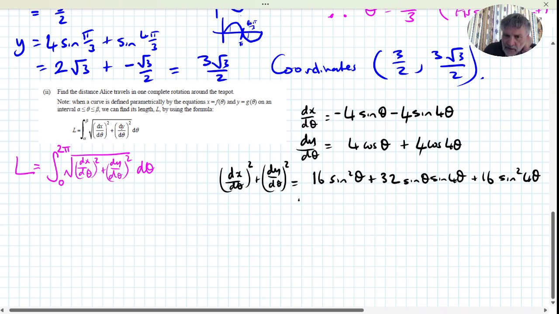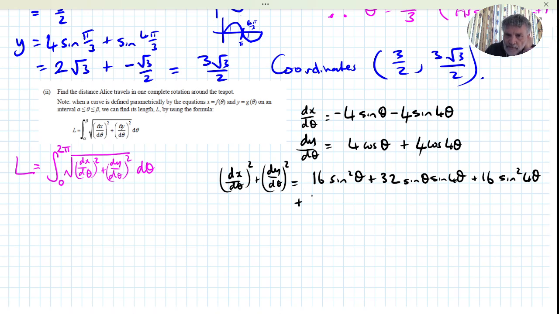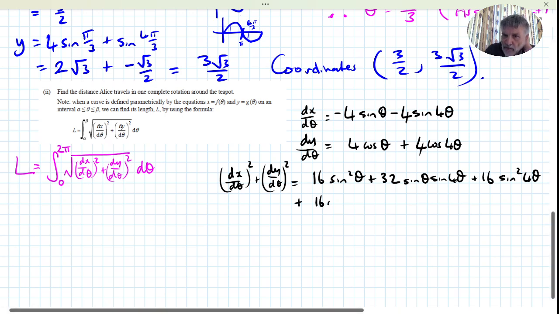Then we're adding on the same thing for this cosine expression squared, and it's going to be identical with the sines replaced by cosine. So it's 16 cosine squared theta plus there's 32 of the mixed term cosine theta cosine 4 theta plus 16 cosine squared 4 theta.